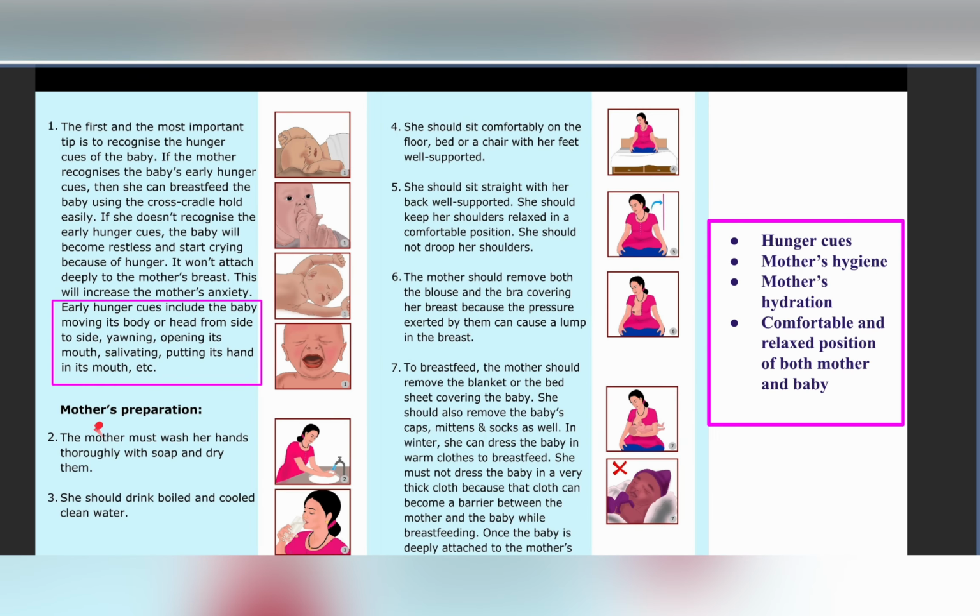Okay, so the number 2 and number 3 points which need to be remembered in this IEC chart are related to the mother's preparation. First, definitely mother's hygiene is very important, and second, mother's own health.